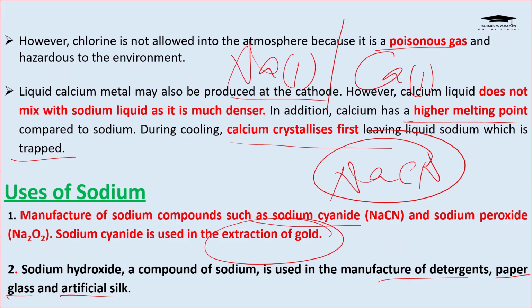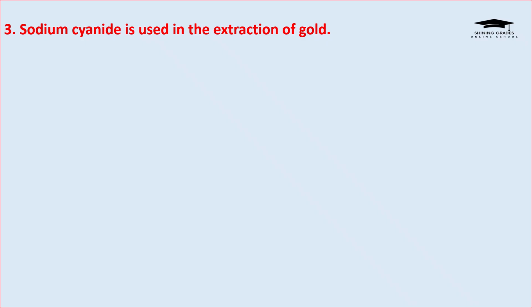Another use of sodium metal: sodium cyanide is used in extraction of gold. Remember, sodium cyanide is a compound of sodium.